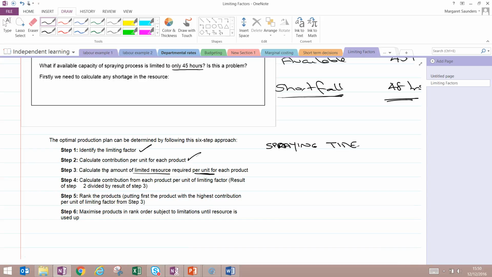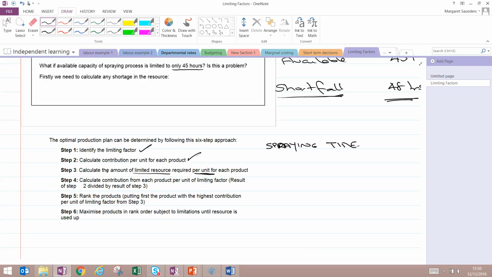Step 3, calculate how much of your limited factor you need for 1 unit of each product. Step 4 is the contribution per limiting factor. Step 5 is then to rank them, so to number them. And step 6 is to work out exactly how many of each of your products you can produce.